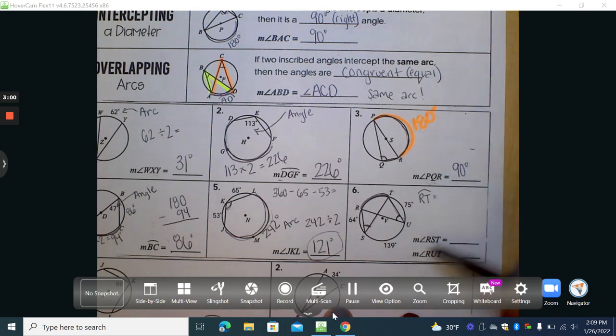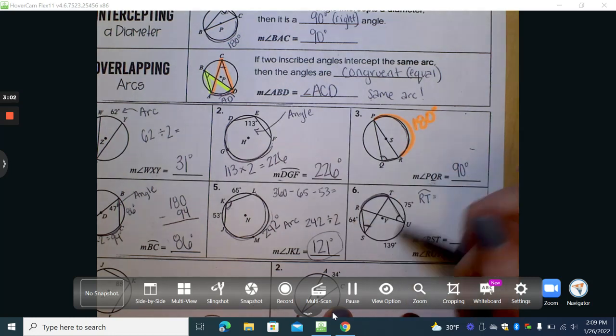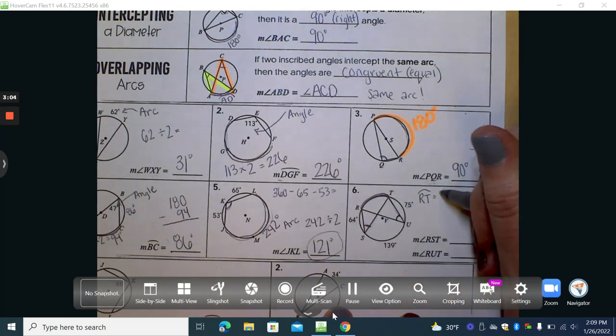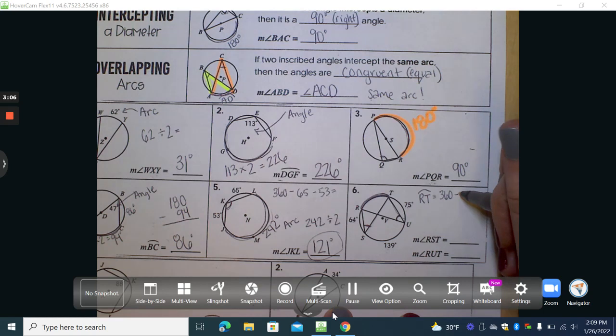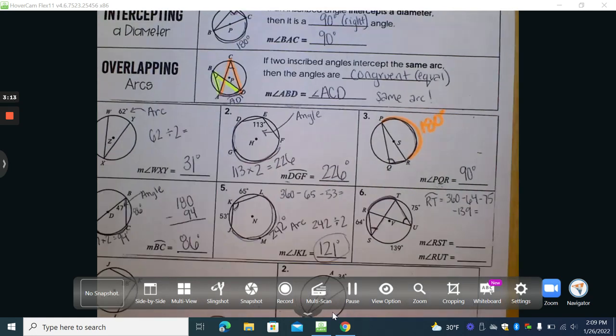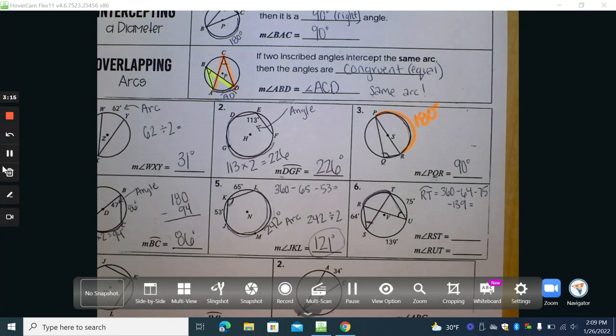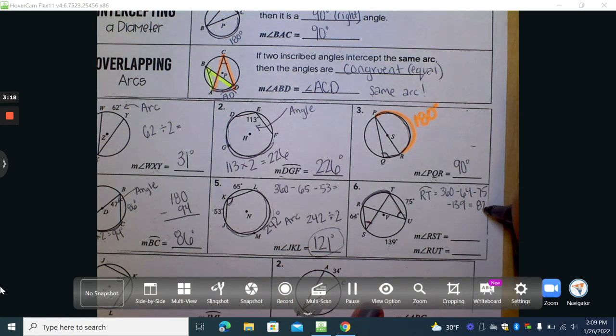So let's really quick figure out what RT is. RT is essentially 360 minus these 3 pieces, right? 360 minus 64 minus 75 minus 139. What's 360 minus all those? It gives us a total of 82 degrees.